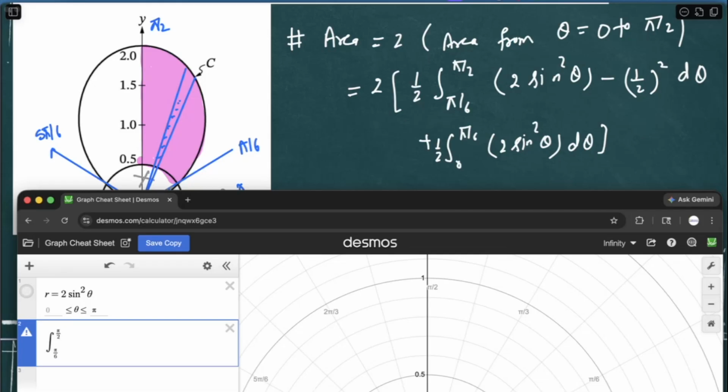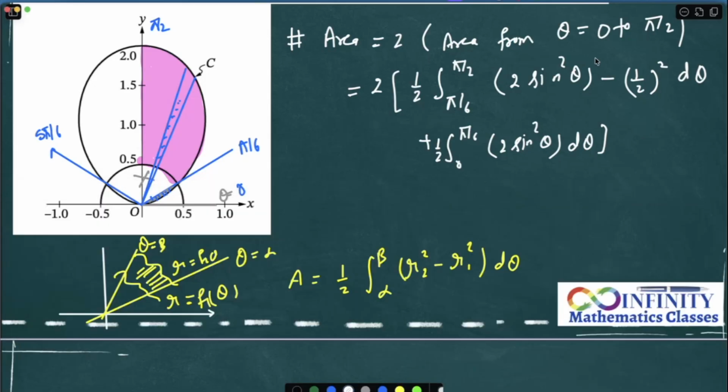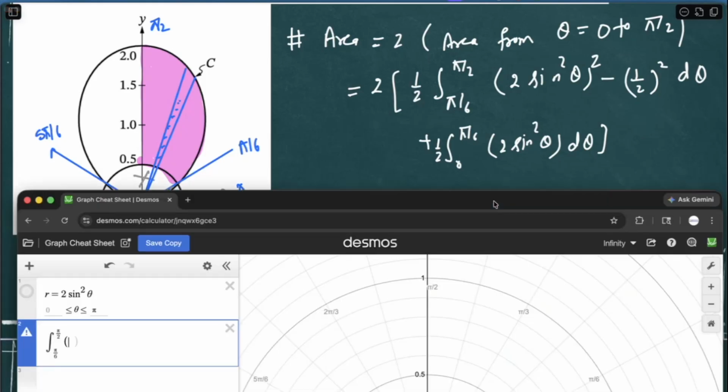I forgot to mention square there. It is whole square, R2 square. There's a mistake. This is going to be 2 sine square theta whole square minus 1 by 2 whole square, and then d theta.